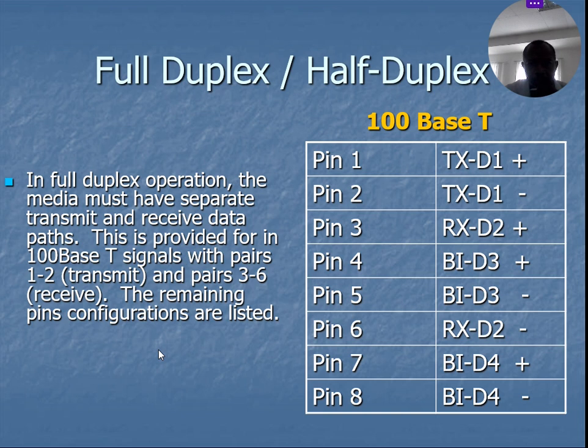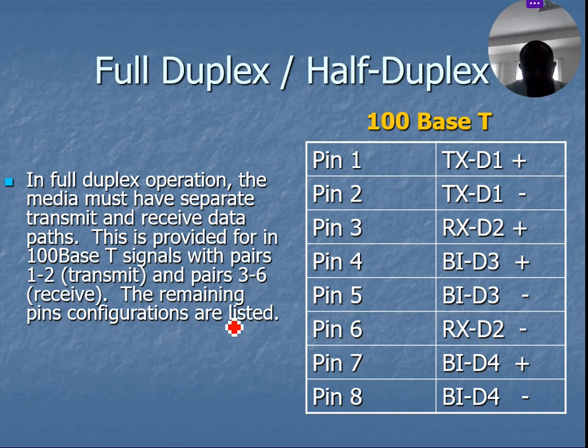Now let's take a look at full duplex and half duplex, starting with 100 Base-T. In a full duplex operation, the media must have separate transmit and receive data paths. You must have ports or pins for transmission and pins for reception in a full duplex mode.